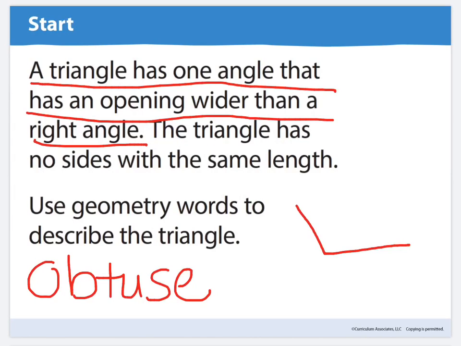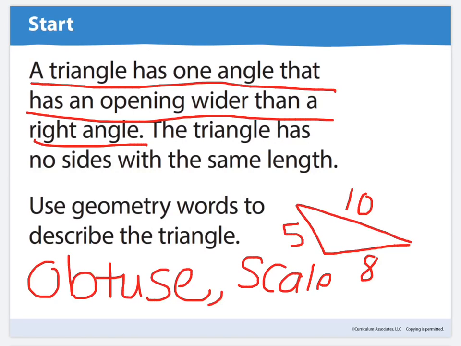The triangle has no sides that are the same length. So if I were to give an estimate on how long or give a unit for each of these sides, I could say this side is 10 inches, this side is 8, and this side is 5. That means that none of my sides are equal, and so that makes this triangle a scalene triangle.